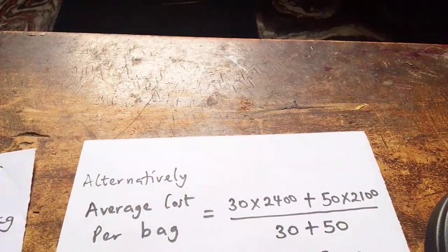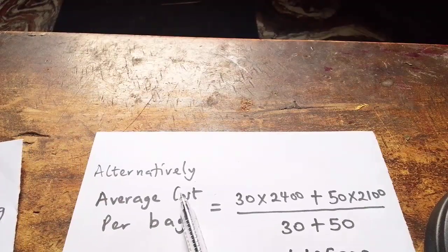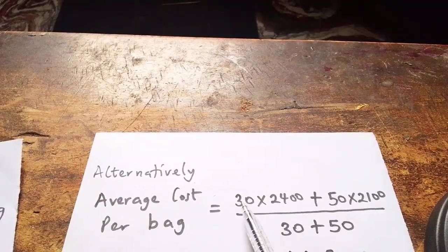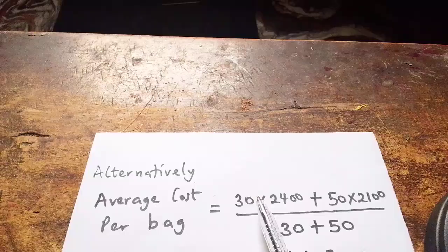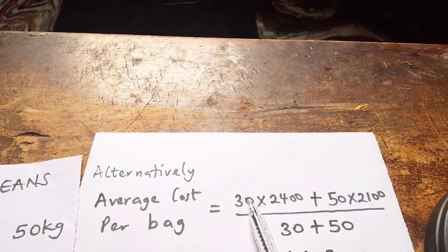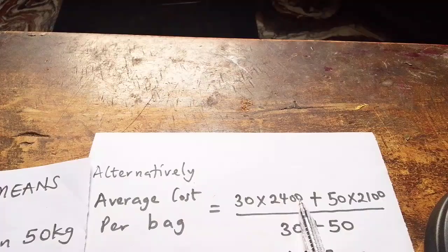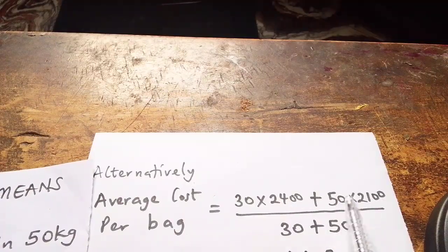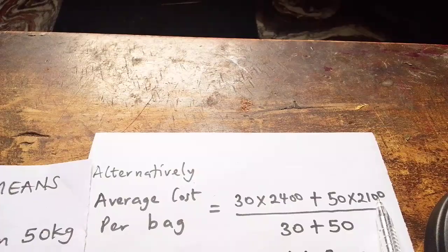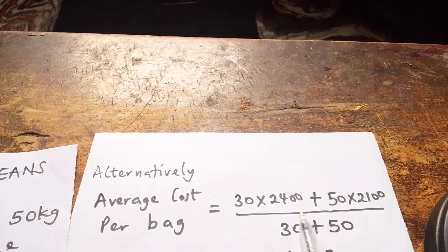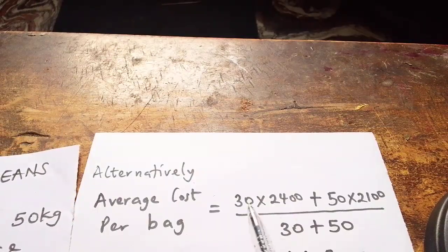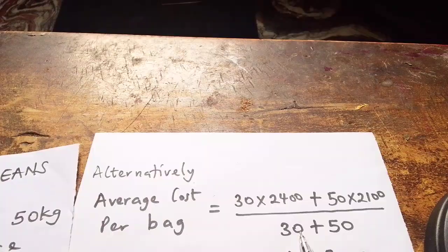You can say that the average cost per bag will be the first number, 30 bags times 2,400 naira per bag, plus 50 bags times 2,100 naira per bag, divided by the addition of the number of bags, that's 30 plus 50.